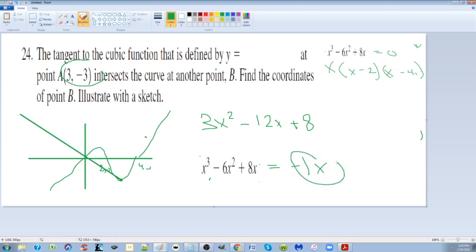This line is going to meet this curve when we can solve this. Okay, I'm going to bring 1x over here. Can we solve it? Yeah, and I'm left with x cubed minus 6x squared plus 9x is equal to 0.